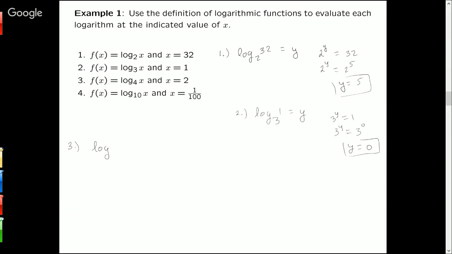Let's look at number 3. We have log base 4 of 2. I'm going to call that y. Put it in exponential, and what do you get? Now I have to get 2 into powers of 4. What is 2 in comparison to 4? 2 squared is 4, right? So the square root of 4 is 2.